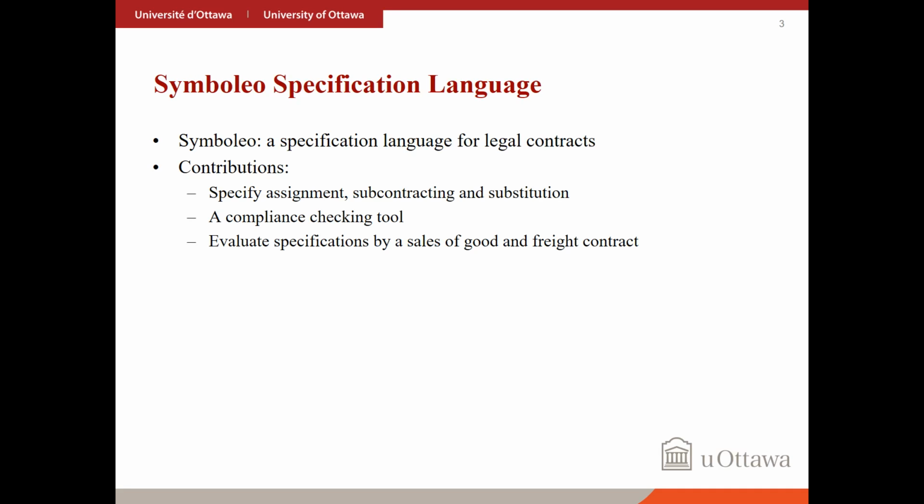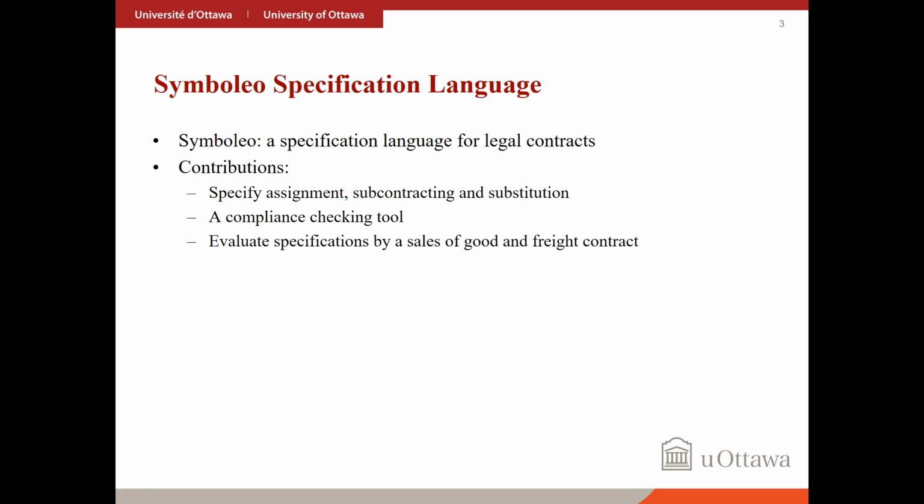Symboleo offers a language which logically specifies legal contracts and establishes contract monitoring, compliance checking, and verification. We implemented this language in our laboratory and we extended it in this paper.